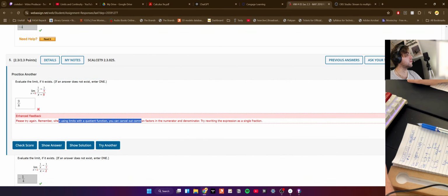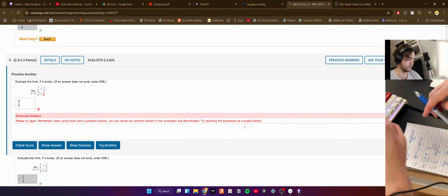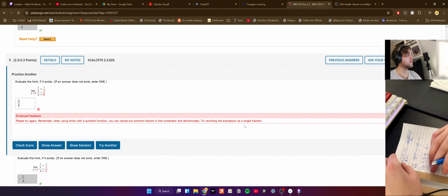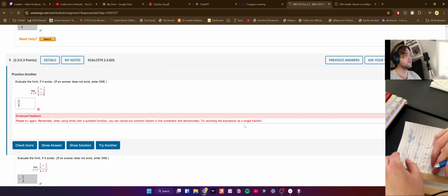When using limits with a quotient function, you can cancel out common factors in the numerator and the denominator. Okay, let's try that. The limit as x approaches 8 of 1 over x minus 1 over 8, over x minus 8. No, that's too much. You can cancel out the common factors and try rewriting the expression as a single fraction.